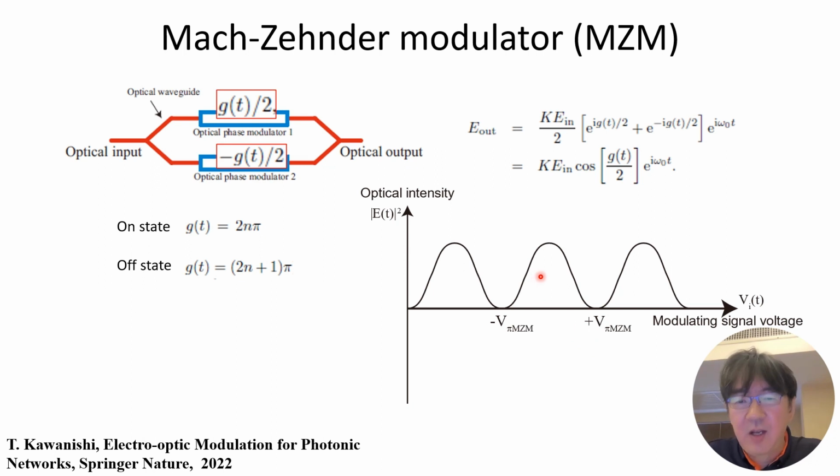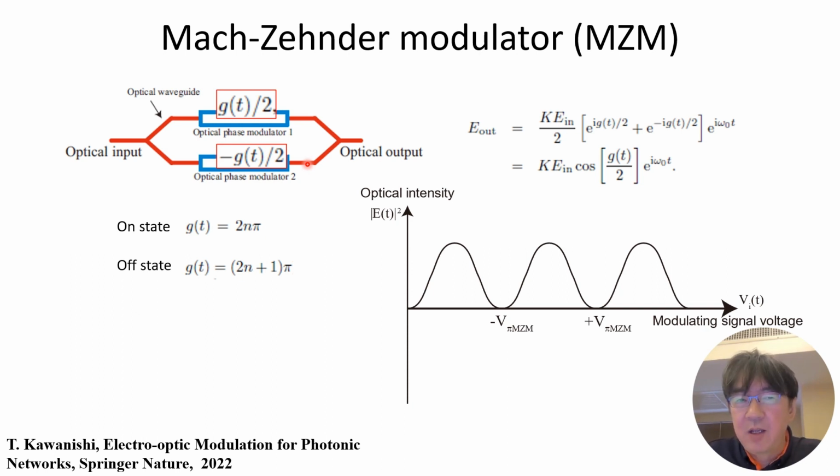If we apply the half-wave voltage on the Mach-Zehnder modulator, we can get a 180 degrees phase difference between these two arms. But we have to take care on this issue.